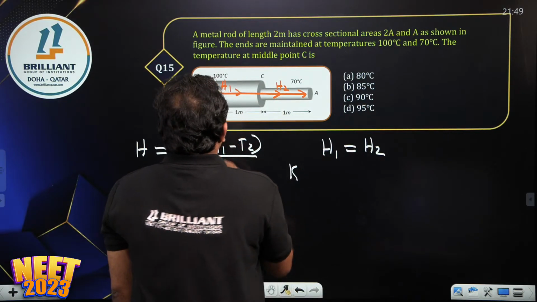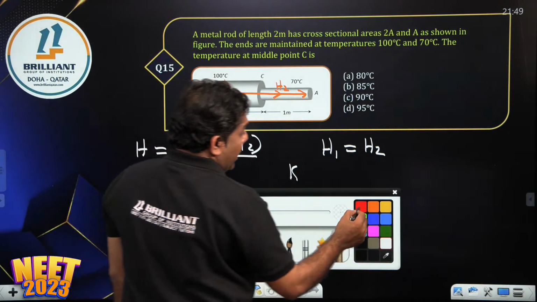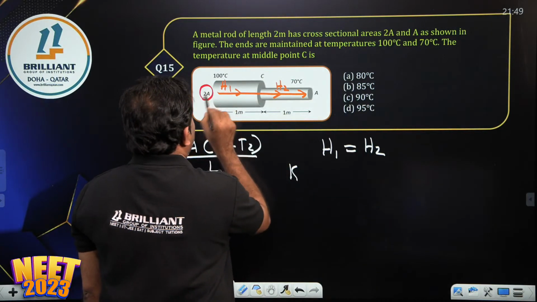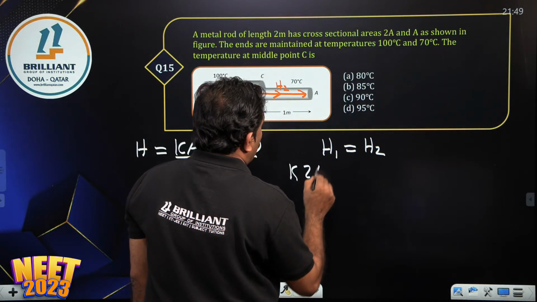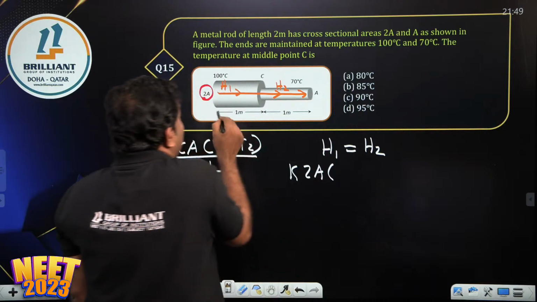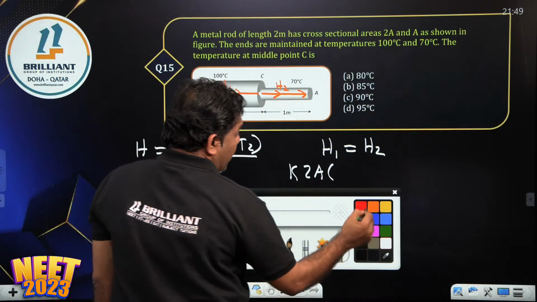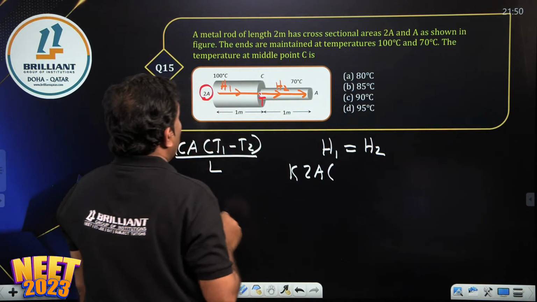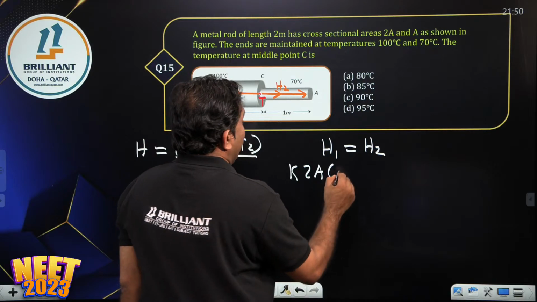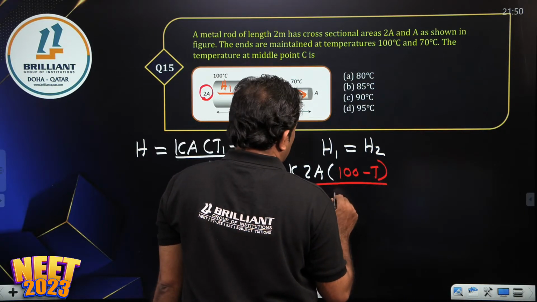K is the same, but the area here is 2A, as you can see. The temperature at this junction, I am assuming, is T. So we can say 100 minus T. Length is the same, 1 meter.